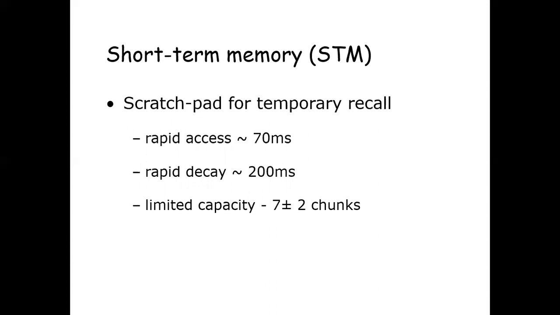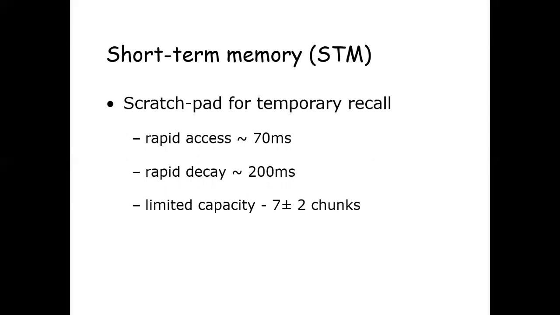Short-term memory is the capacity for holding, but not manipulating, a small amount of information in mind in an active, readily available state for a short period of time. The duration of short-term memory is believed to be on the order of seconds, and it can be accessed rapidly, on the order of 70 milliseconds.